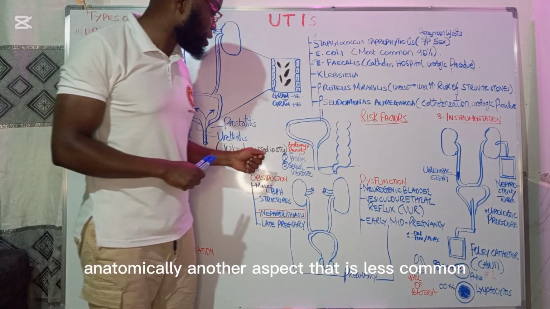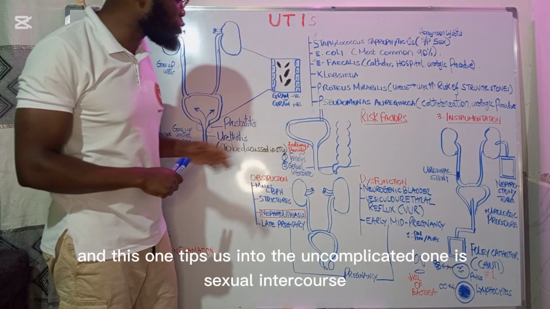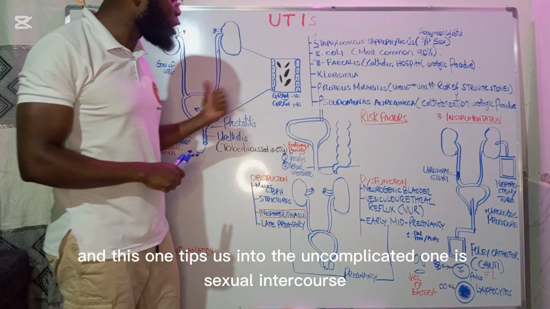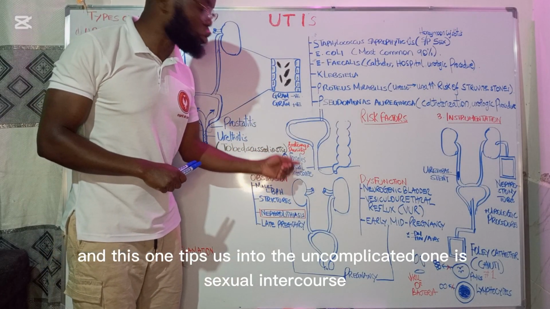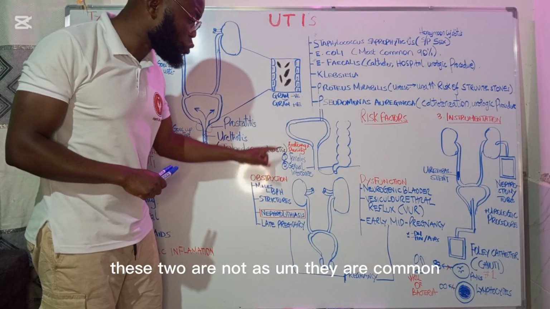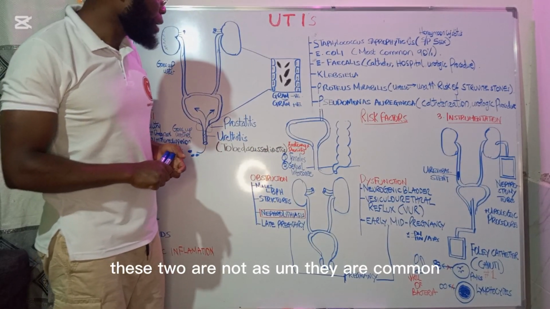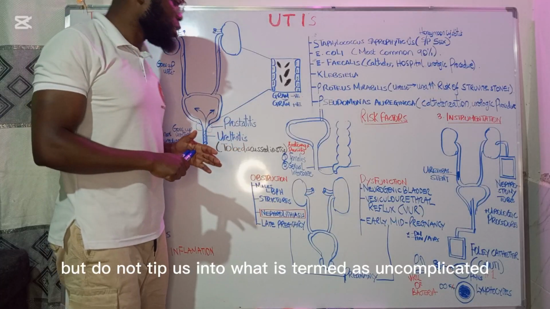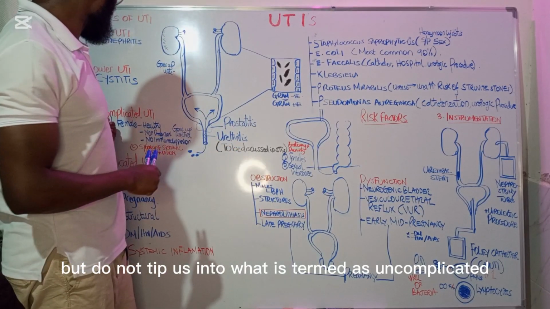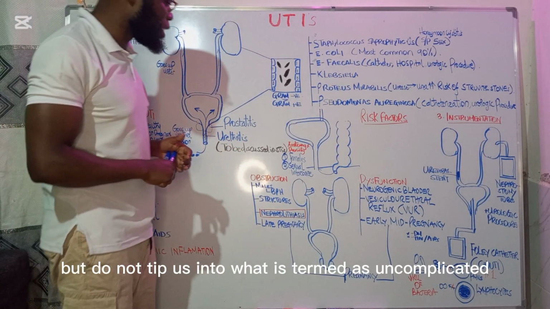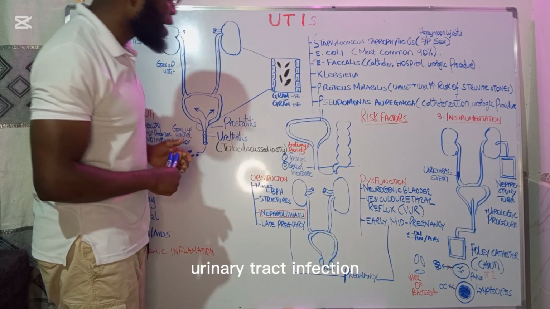Another aspect that is less common, and this one tips us into the uncomplicated one, is sexual intercourse. These two are common, but do not tip us into what is termed as uncomplicated urinary tract infection.